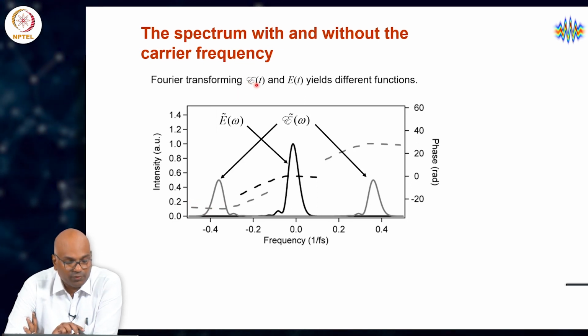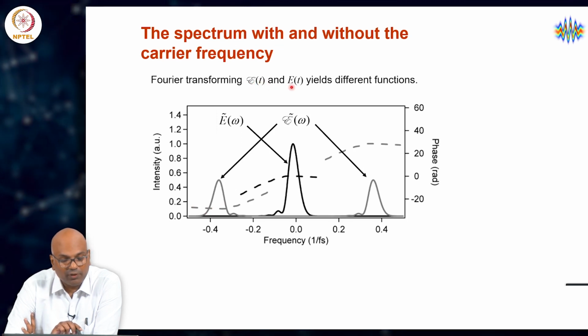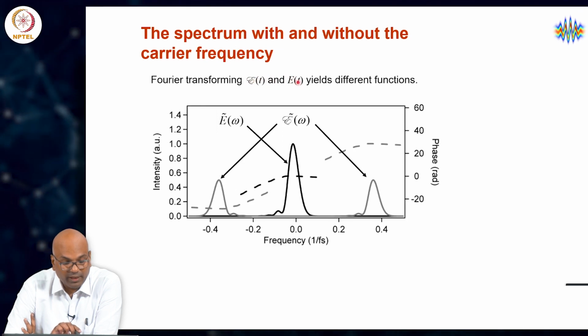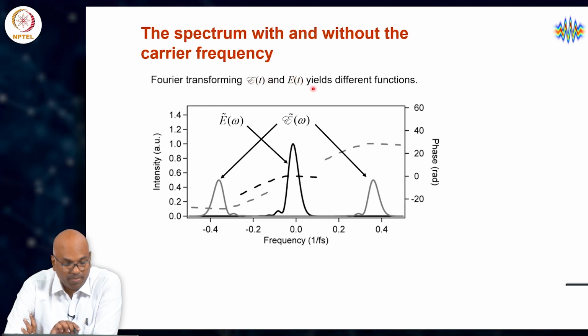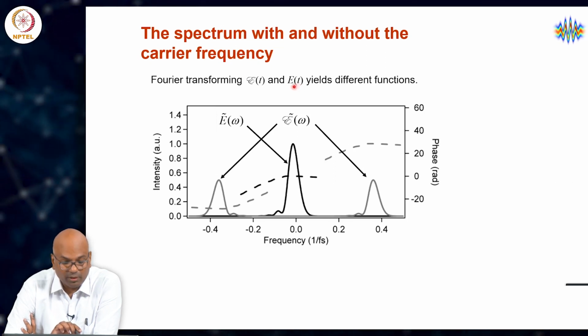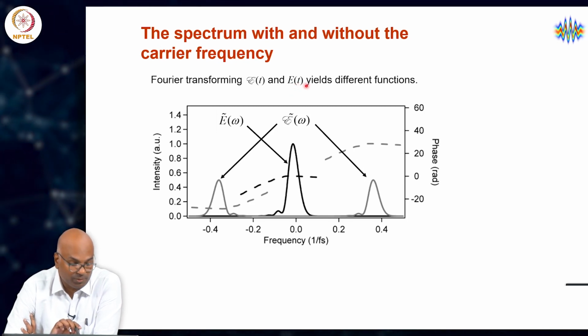We have script E of t, the complete descriptor of the pulse in the time domain, including the carrier frequency, and we had then E of t, which is a different function, which was the complex amplitude in the time domain, owing to our preference to use the complex notation.